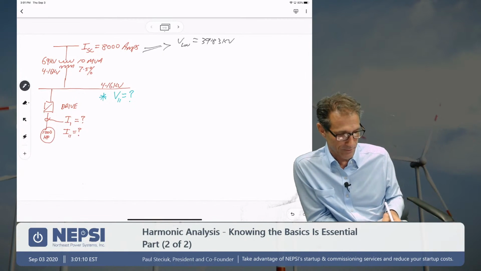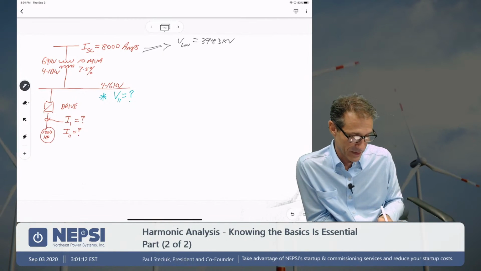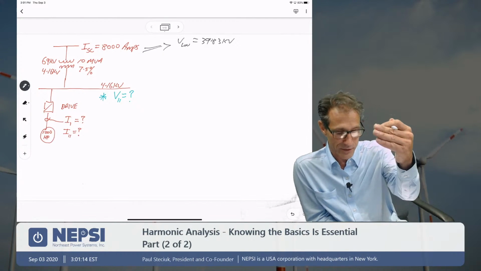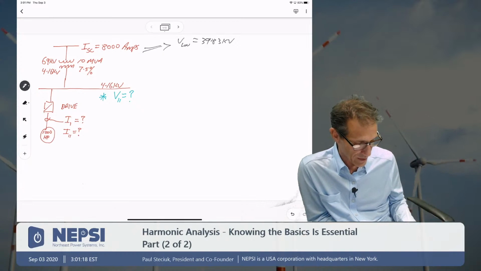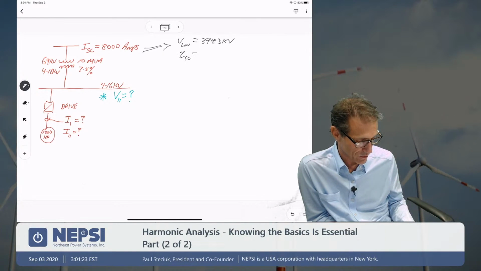I would divide that by 8 kA. So I get kV on top and kA on the bottom, and I come out with 4.97 ohms. So basically that I short circuit has a Z short circuit of about 4.97 ohms.